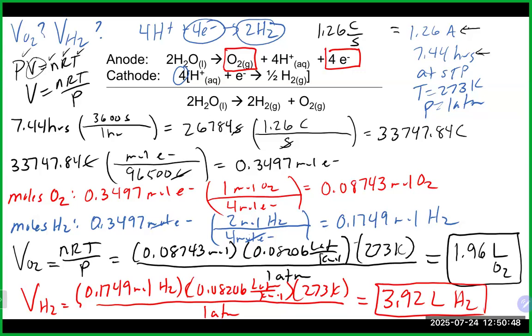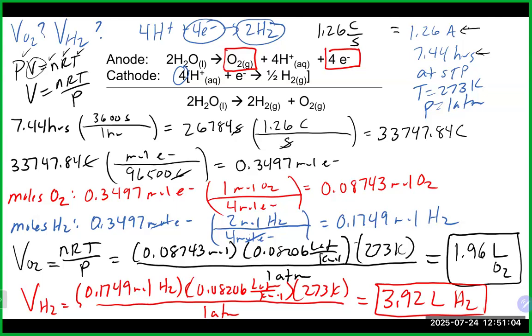And that is, as we talked about a second ago, a 2 to 1 difference, right? We got twice as much volume of hydrogen gas than we do oxygen gas. First off, any questions on that calculation there?